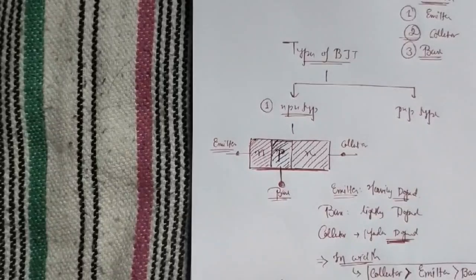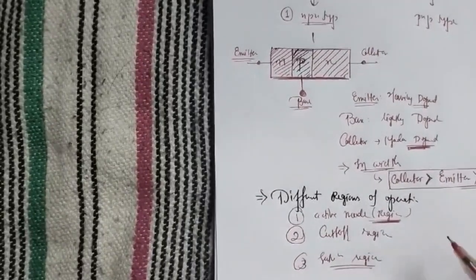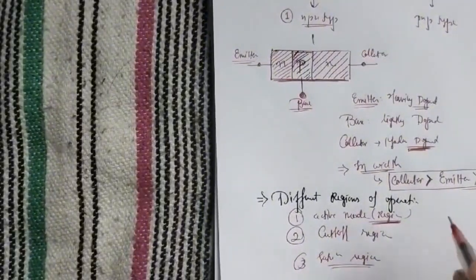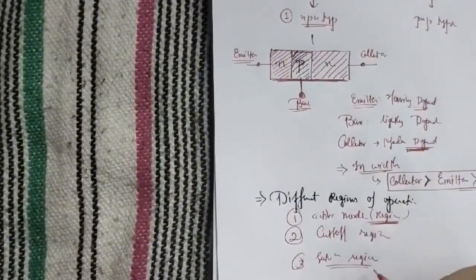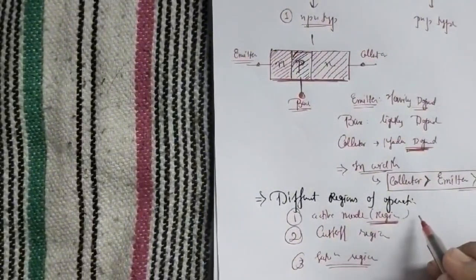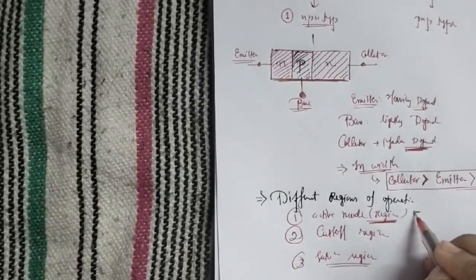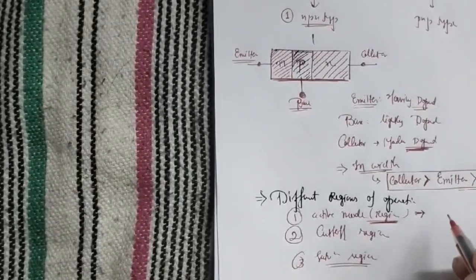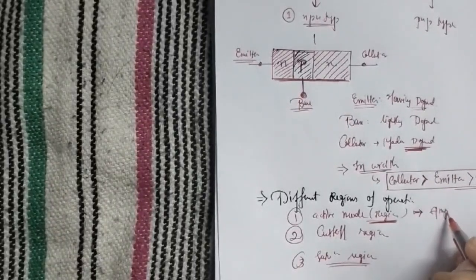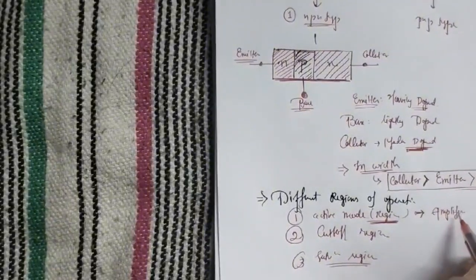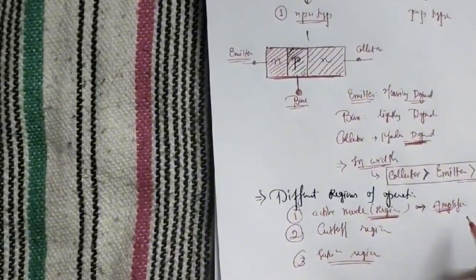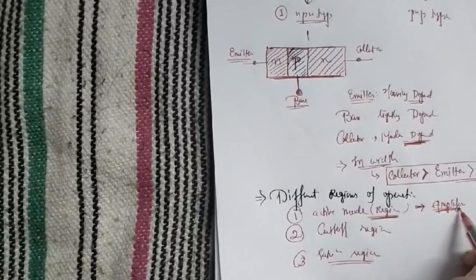Now we will know about the different regions of operation of this BJT. There are three regions in which it can be operated: active region, cutoff region, and saturated region. In active region, the transistor can be used as an amplifier. That means we can get some signal as input and we will amplify it.